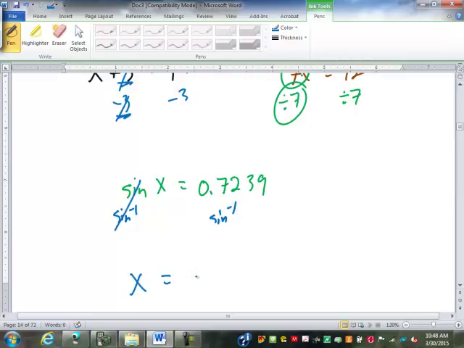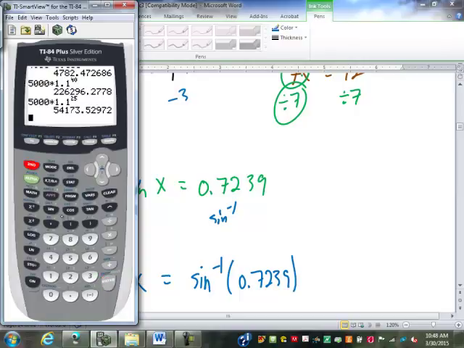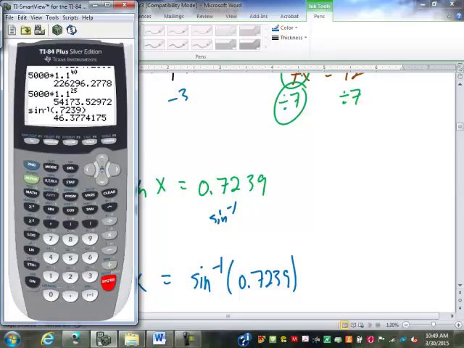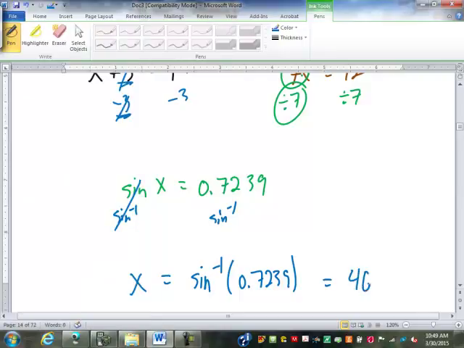Then you punch it in your calculator: second sine, you get the sine -1, and put in 0.7239, close parentheses, equals 46.38 degrees. Most angles, by the way, go to 2 decimal places. The functions themselves go to 4.